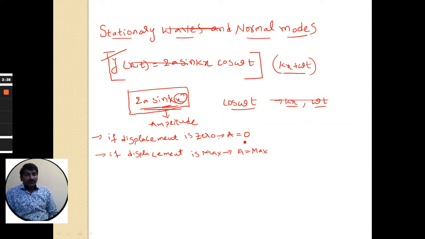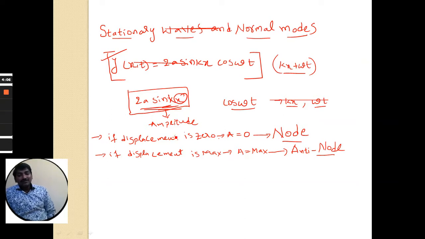So what will happen if the amplitude is zero? Where the amplitude is zero, we call that a node. Where the amplitude is maximum in the waveform, the term is called an antinode. So these nodes and antinodes depend on the position of the particle in the stationary wave. Because of the superposition of the waves, these nodes and antinodes usually form.